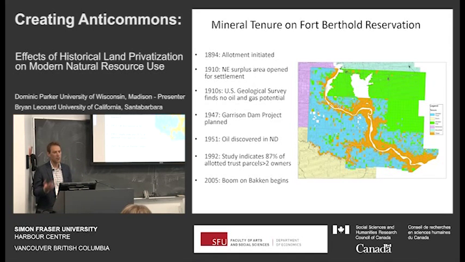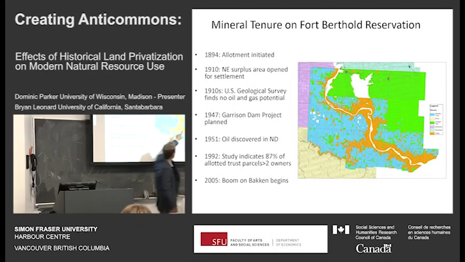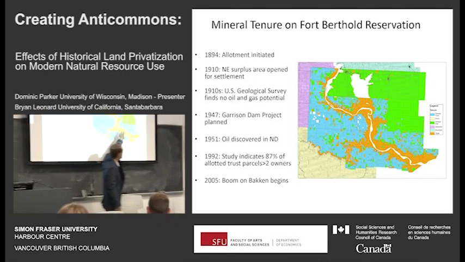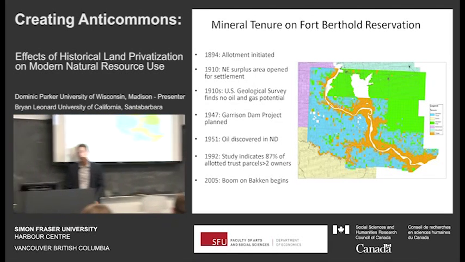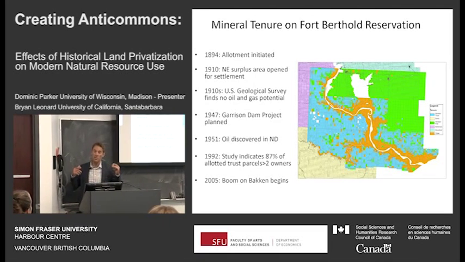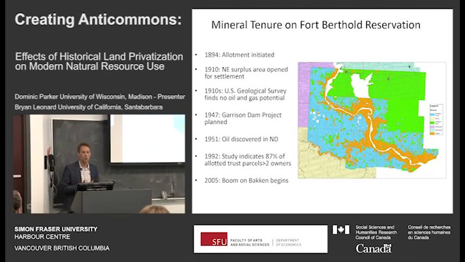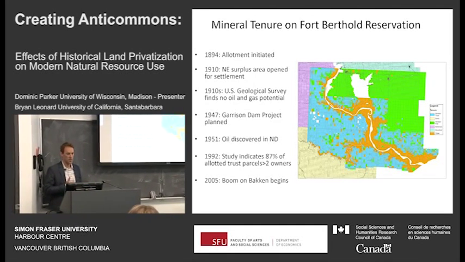Okay, so what do we need to know about Fort Berthold? Probably less than what I have here, but I'll tell you that the allotment process initiated in 1894. This northeast section of the reservation that's green is all fee simple land. That was surplus land. It was opened for settlement. It's fee simple land, and it's mostly owned by non-natives.